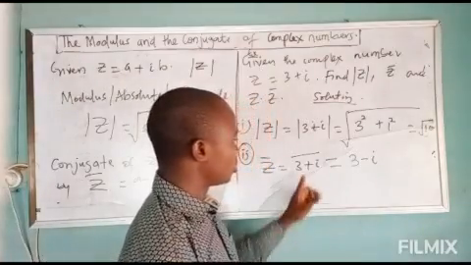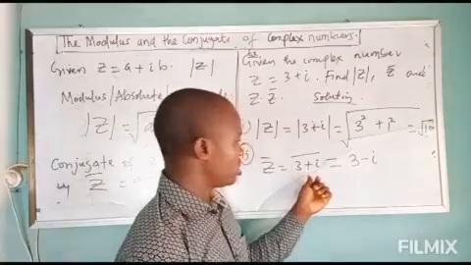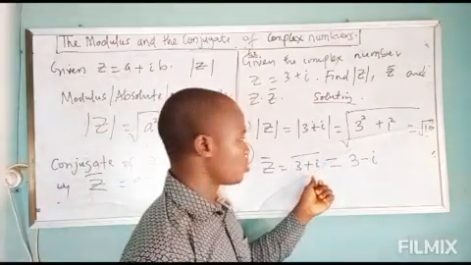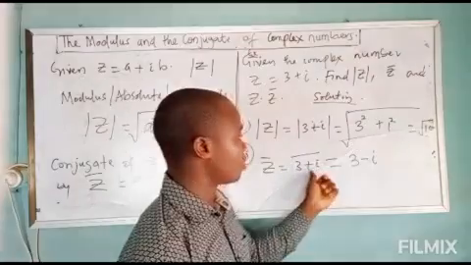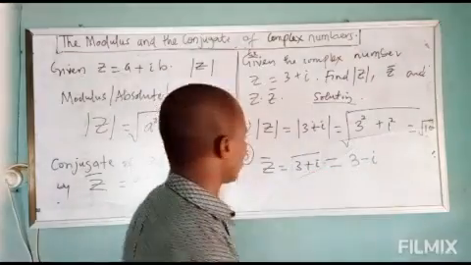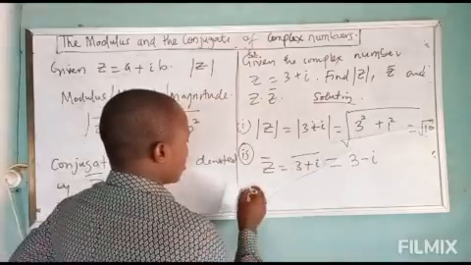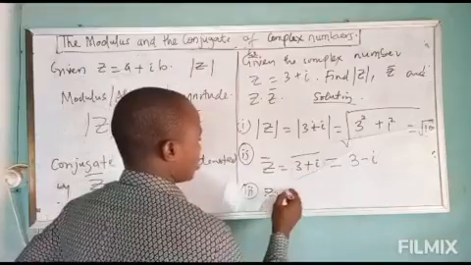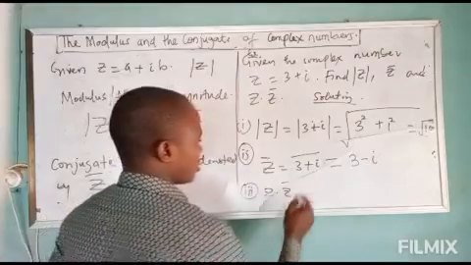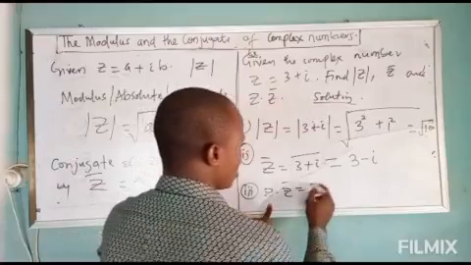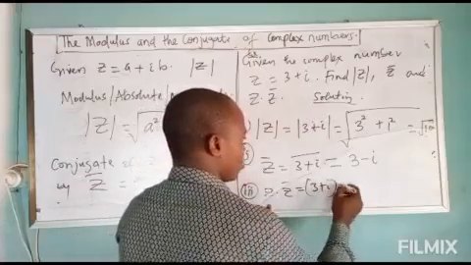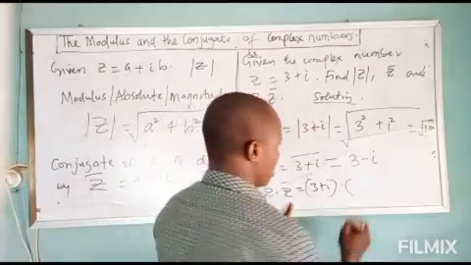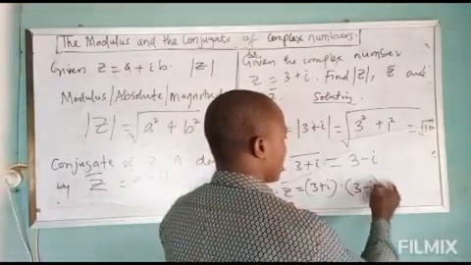Which means we just change the sign from addition to subtraction. Now the third one is z dot z bar. So z is 3 plus i multiplied by z bar, which is 3 minus i.